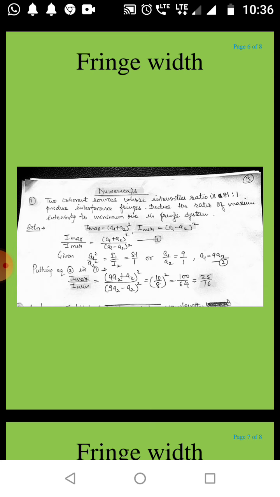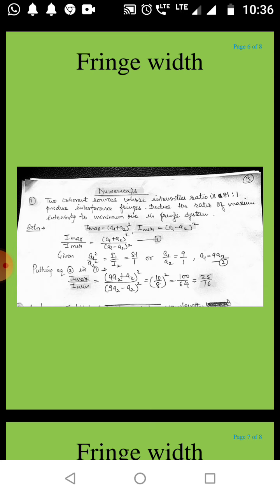Given in the question, the intensity ratio, that means A1 square upon A2 square is equal to I1 upon I2 is equal to 81 upon 1. By this expression, A1 upon A2 is equal to 9 upon 1, or A1 is equal to 9 A2. Now we want to calculate the ratio of maximum to minimum intensity.